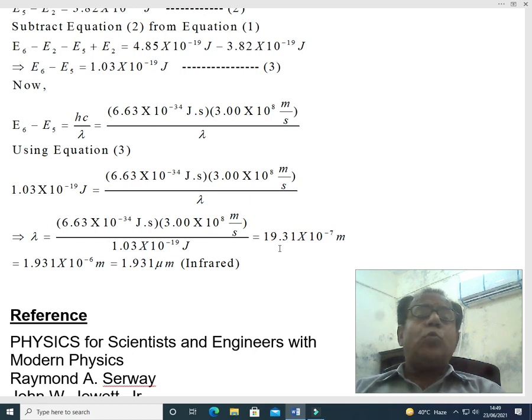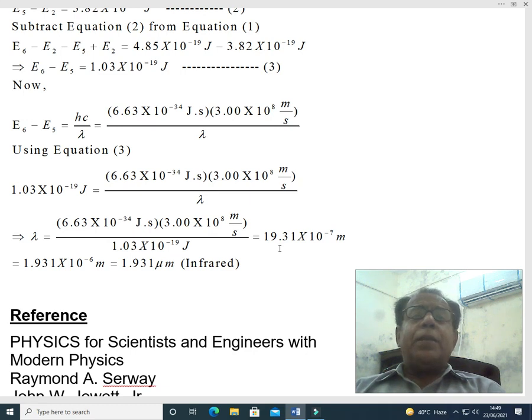Just in order to convert it into 10 raised to the power minus 6, we have converted 19.31 into 1.931 micrometer, and this is the infrared region of the spectrum.